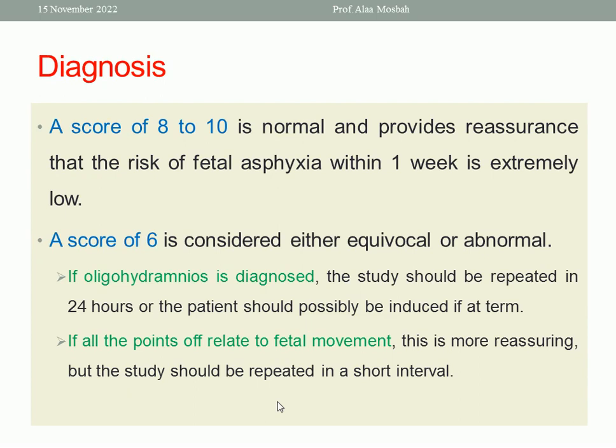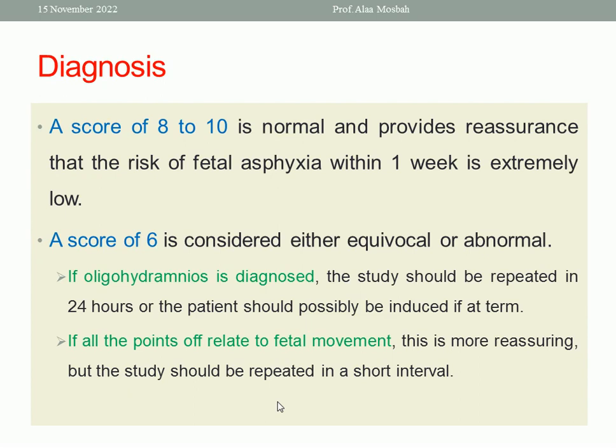If the patient has a score of 6 and there is oligohydramnios and she is full term, you can do induction. If she is not full term, you should repeat the test within 24 hours.